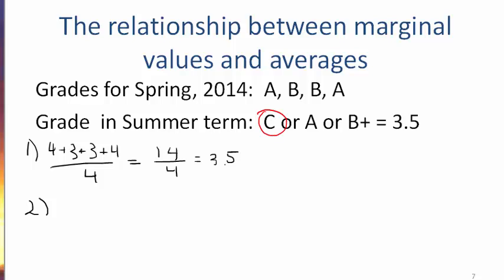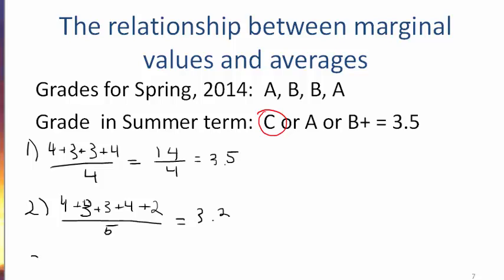Suppose I get a C that summer. I was doing too much partying at the beach. I'd have 4 plus 3 for my B, plus another 3 for my B, plus a 4, and then that C is a measly 2. I divide by 5, and that's going to give me a GPA of 3.2.